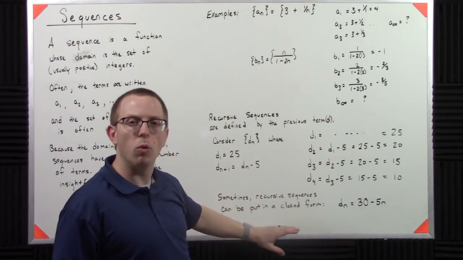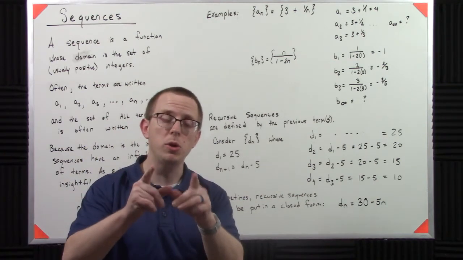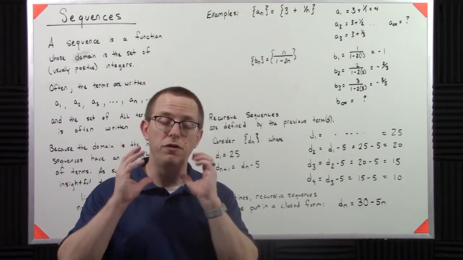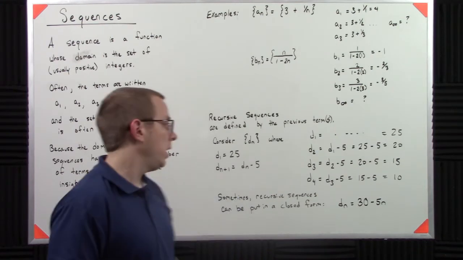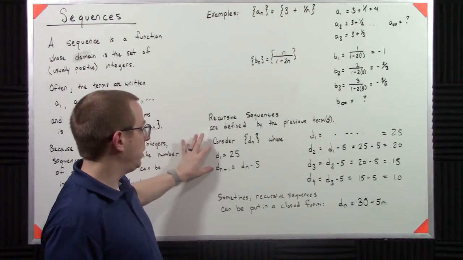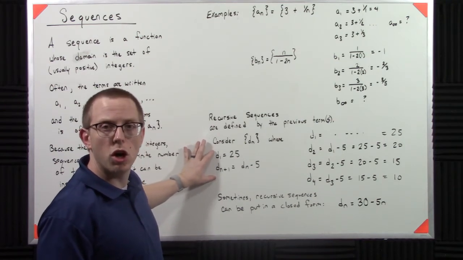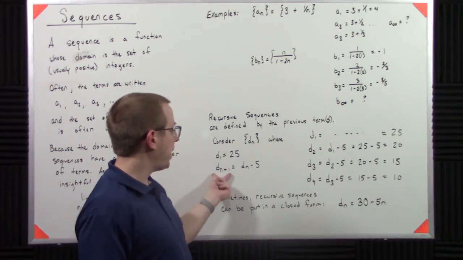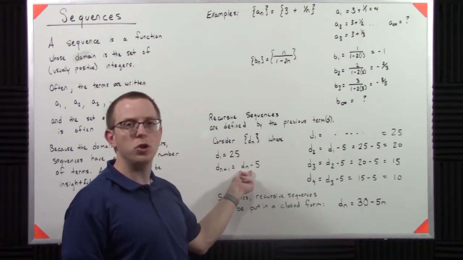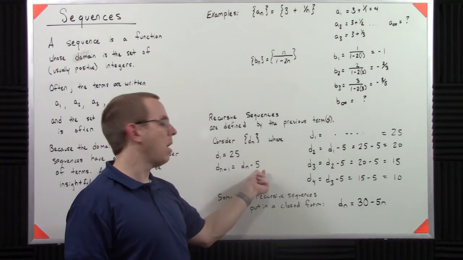But one thing that's helpful when you have a recursive sequence, and this is not always possible, but it is very, very useful if you can do it, is that this definition is cumbersome. If I wanted to get the 1000th term, well, I know that the 1000th term is the 999th term minus 5.